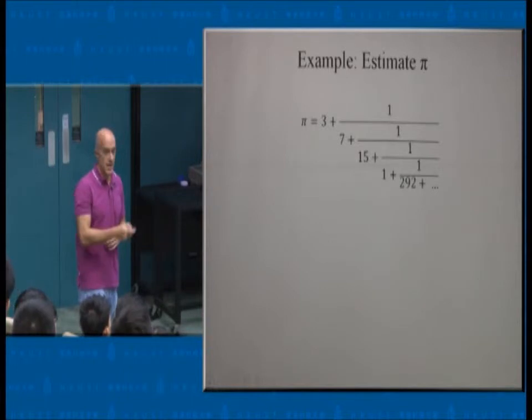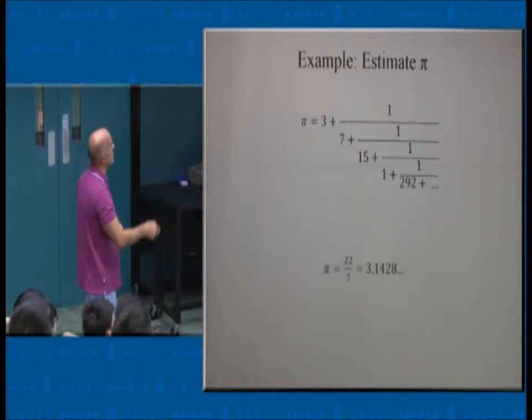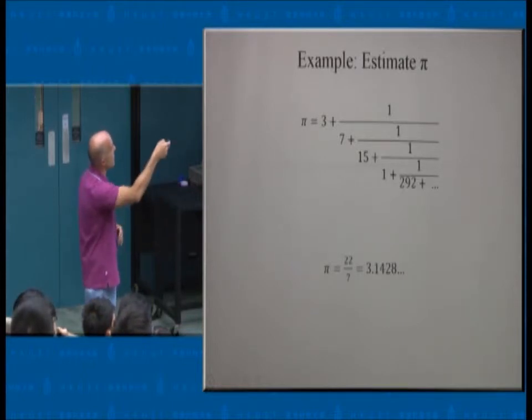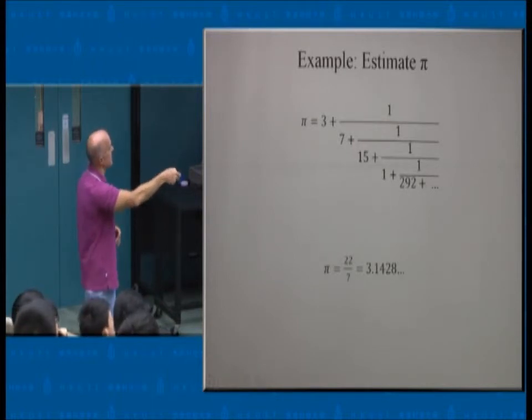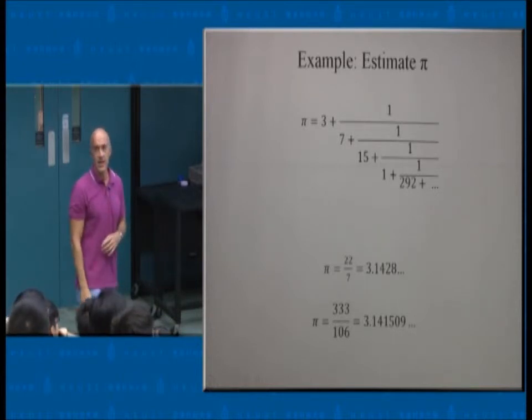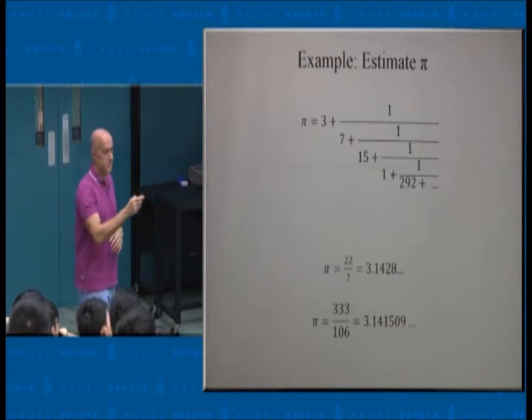That's 3.14. The next one, you include the 15. 3.1415. And so on.